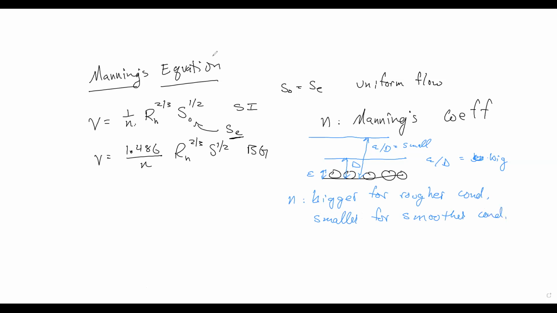And the Manning's n value, so n is equal to about 0.011 to 0.013 for concrete. That's about as low as it goes for smooth concrete or a plastic pipeline or something like that. And then n can be about 0.04 to 0.05 for natural channels.